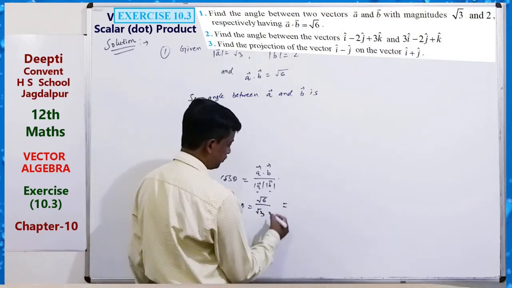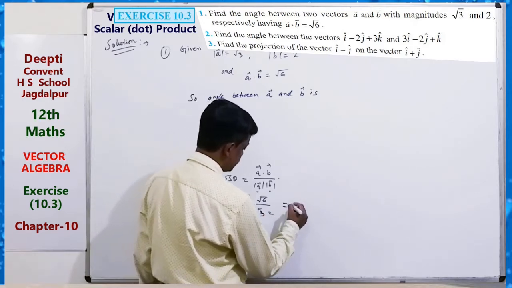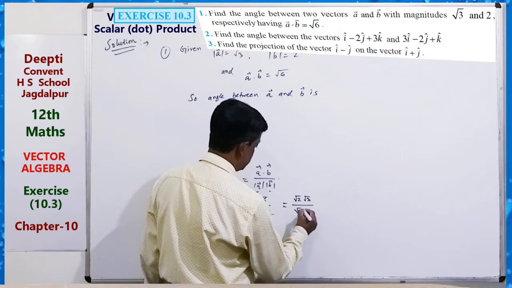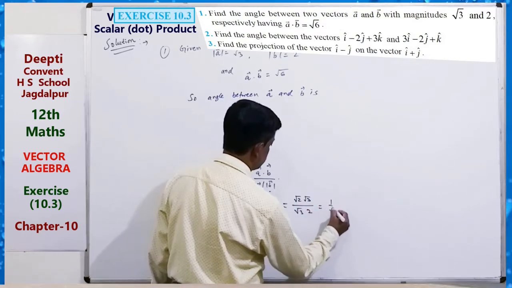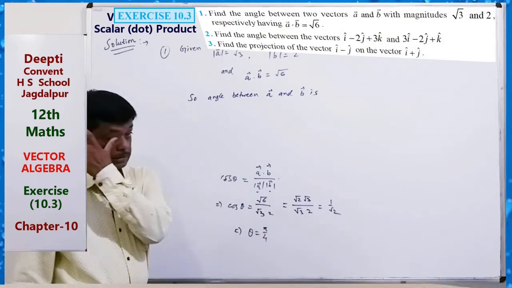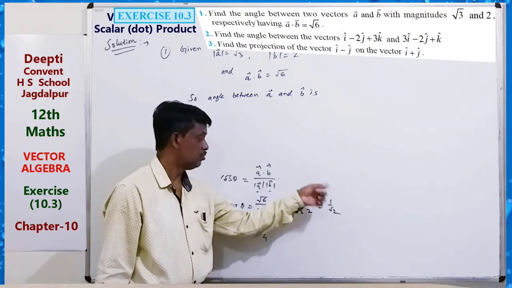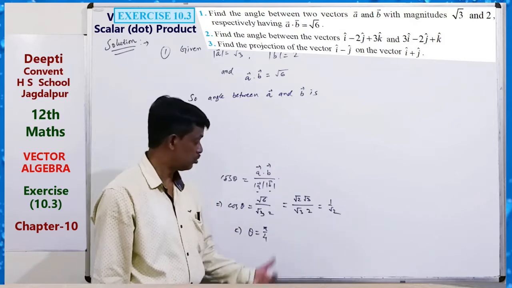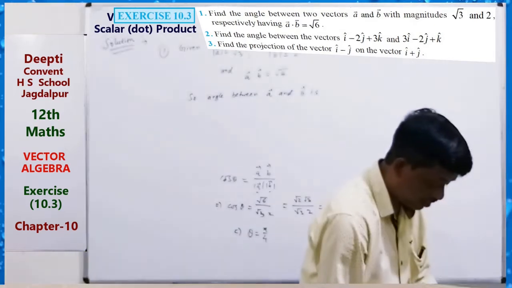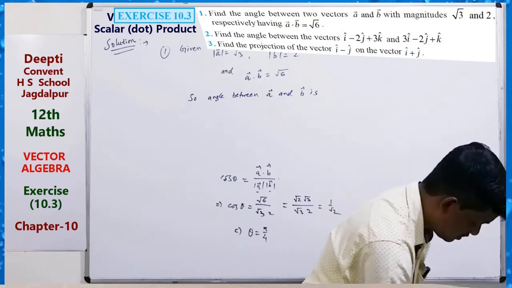So it can be solved. √6 can be written as √2 into √3, so √3 cancels, giving √2 by 2, which is 1 by √2. Cos theta equals 1 by √2 means theta equals pi by 4. So exercise 10.3 question 1 gives the solution as pi by 4.